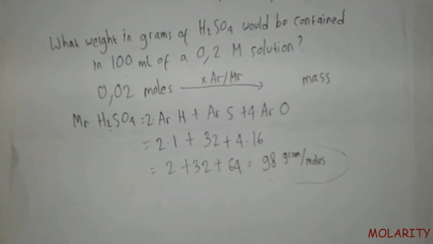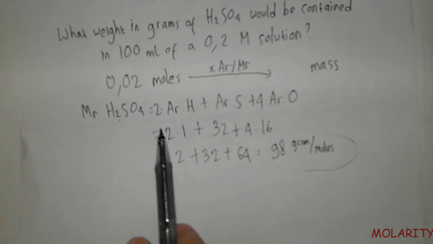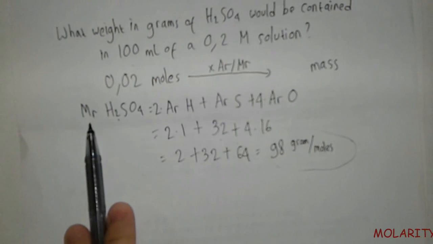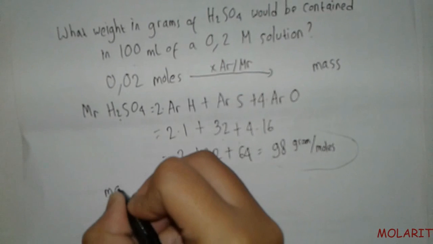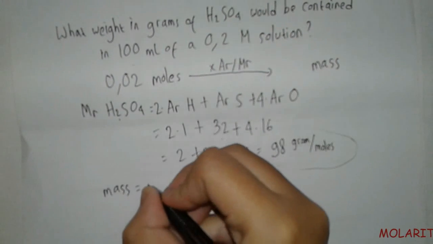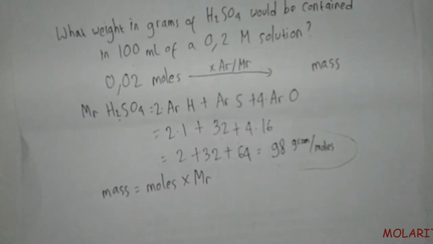The next thing is we need to multiply moles by the molecular relative mass of sulfuric acid. So mass is the same as moles times molecular relative mass.